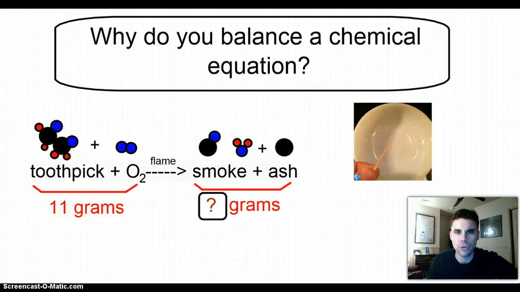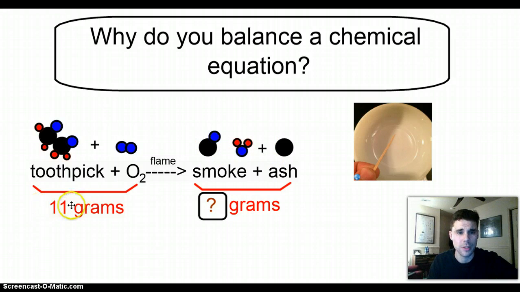So the same is true for chemical reactions. In class, we were burning a candle and talking about how the mass would compare before and after the reaction. If I thought about a toothpick that was lit on fire, and that reaction would react with the oxygen in the air, you would produce new things like smoke and water vapor and ash.